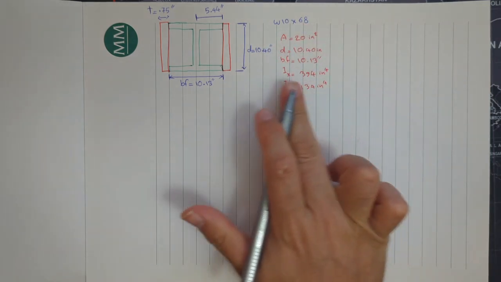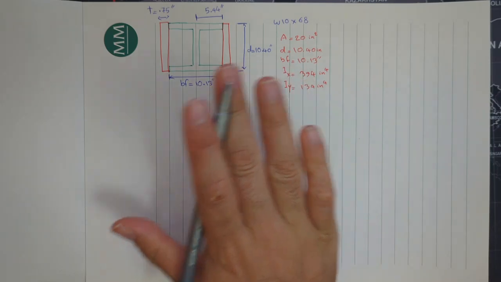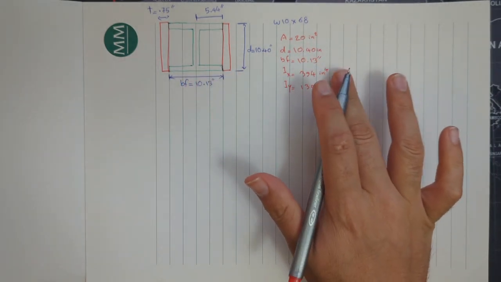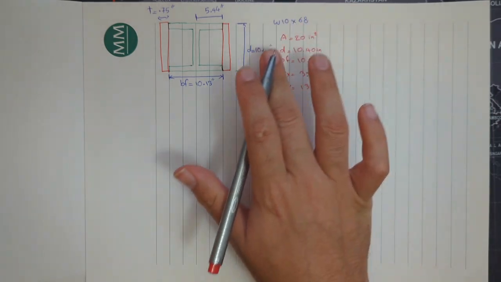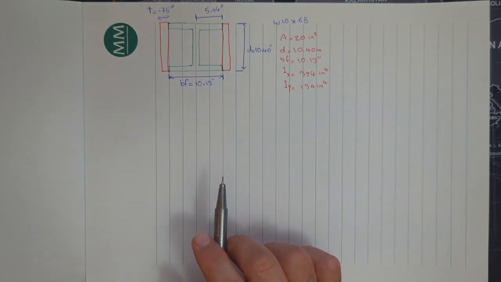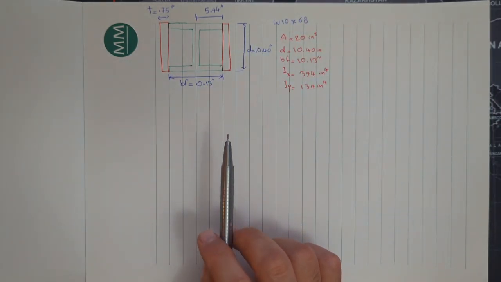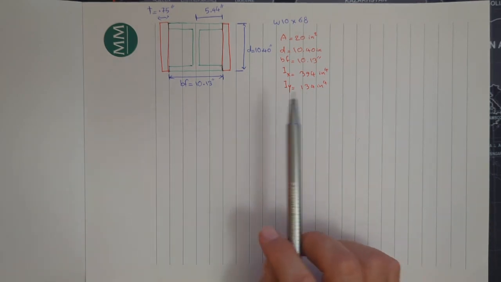All these numbers you should be able to see in Appendix A. So you will be given these numbers in Appendix A of the book or in the exam.